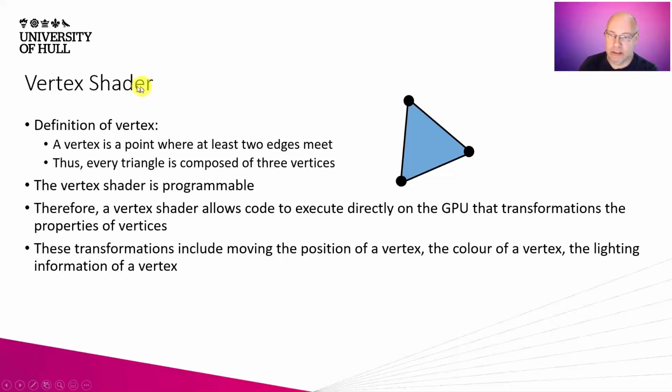Now, this is interesting. I said that everything with a shader is very interesting, and it's because it's programmable. What that means is we can write our own code that runs directly on the GPU to override the default functionality of this particular stage. That's fantastic. I remember having to go out and buy a particular graphics card because it had some special effect that your latest game required.